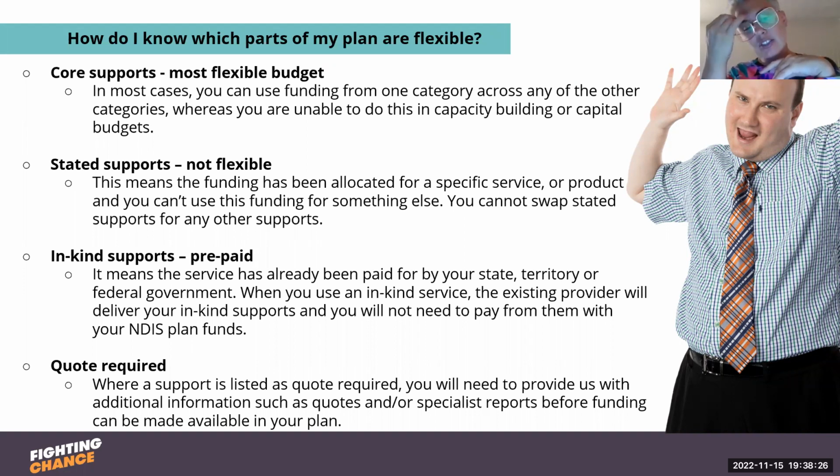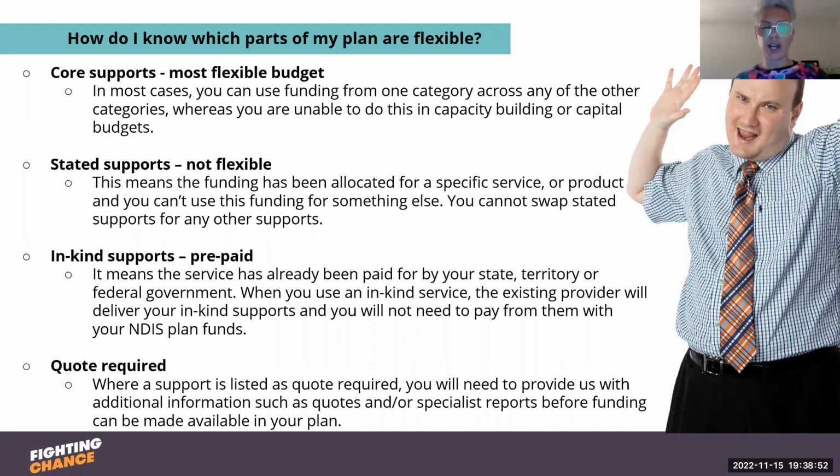Now that has sort of shifted and changed across time, but if you see in-kind for hearing, that's what it means. Hearing Australia, or it's going to be funded, and it's under 26, it will be funded. And so you don't need to pay for them. They're already automatically paid, but this is just them acknowledging that it's paid by the state.